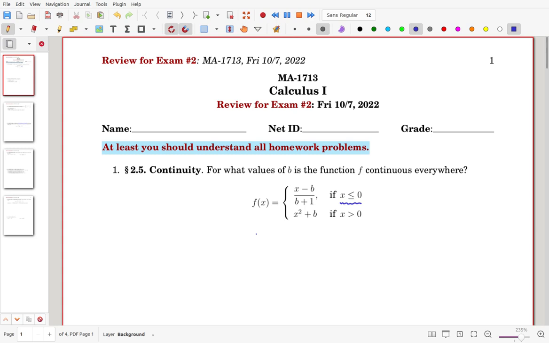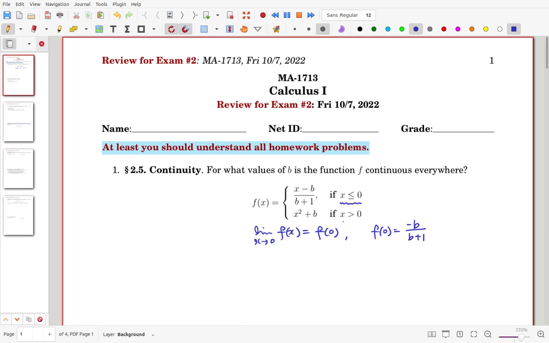Okay, what is the definition of continuity at x equals 0? That is, the limit as x approaches 0 of f of x must be the same as f at 0. First of all, we know f at 0: x is less than or equal to 0. If x is 0, then the value must be minus b over b plus 1.